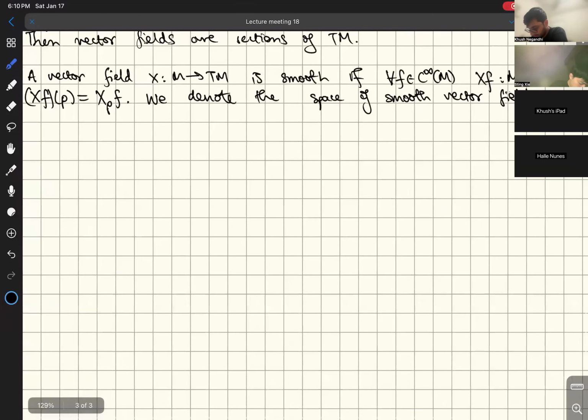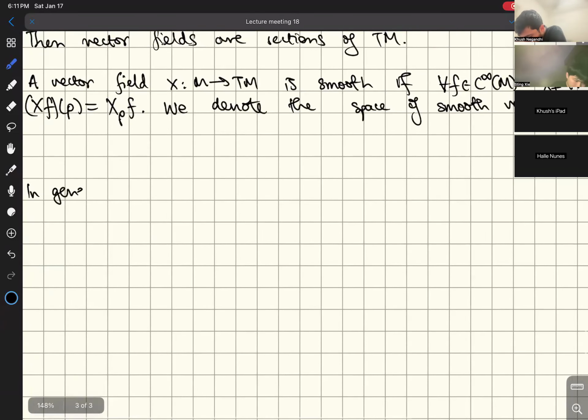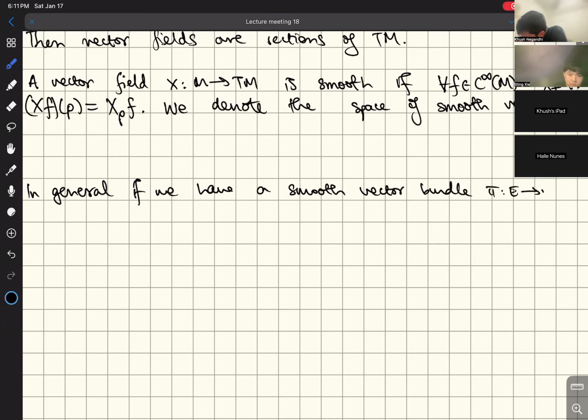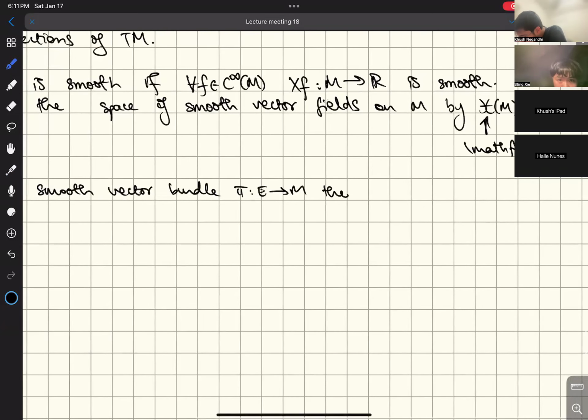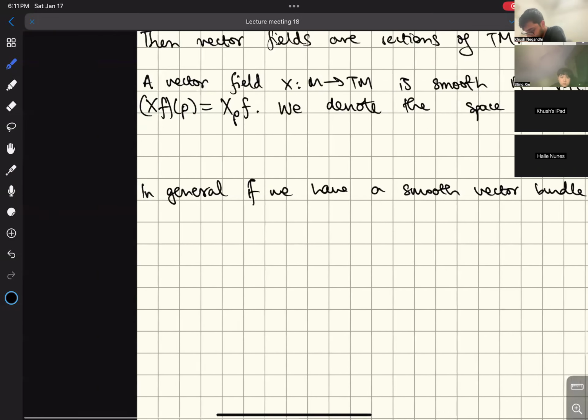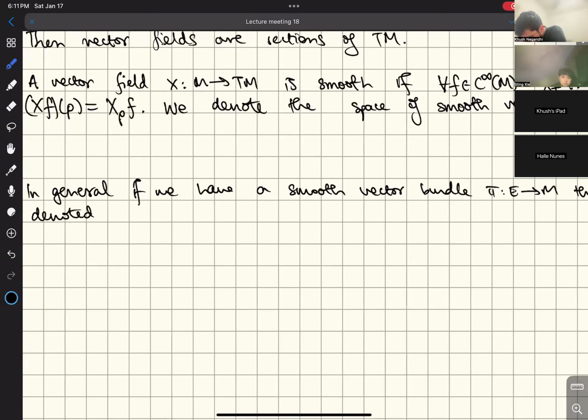In general, if we have a smooth vector bundle, then its space of sections is denoted by this.